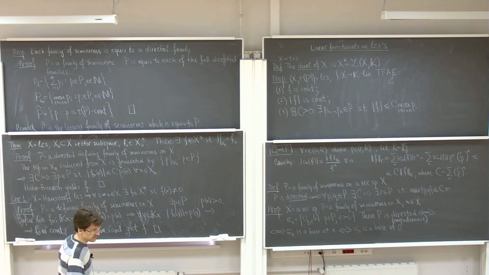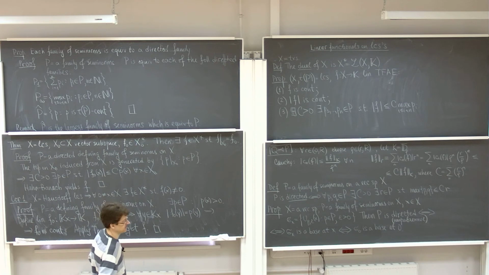But the assumption that X is locally convex is also necessary. There is an exercise in our exercise sheet 3, which shows that there exist very nice, complete metrizable topological vector spaces such that the dual space is trivial.